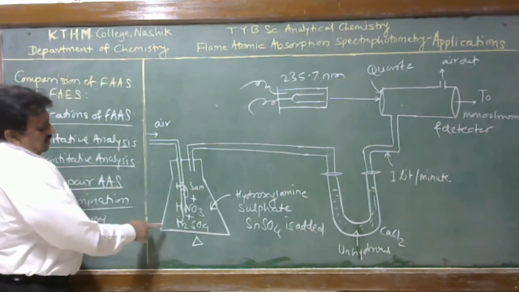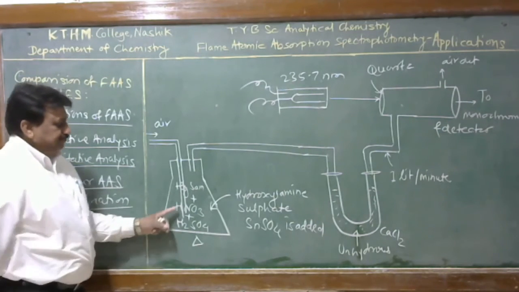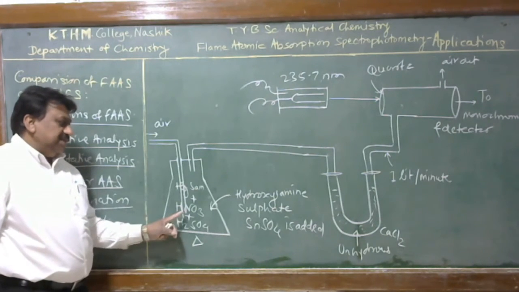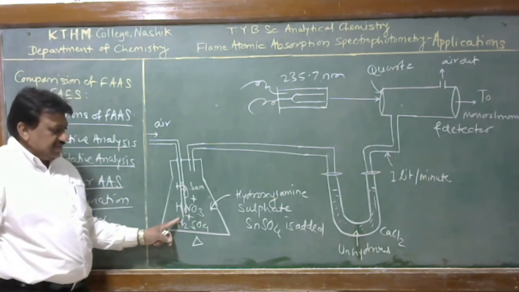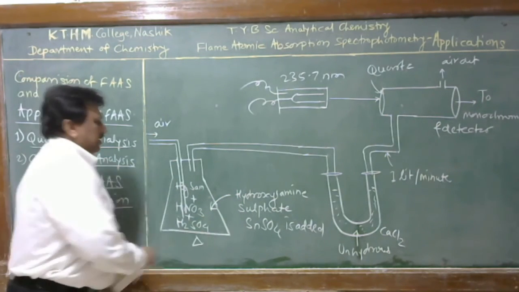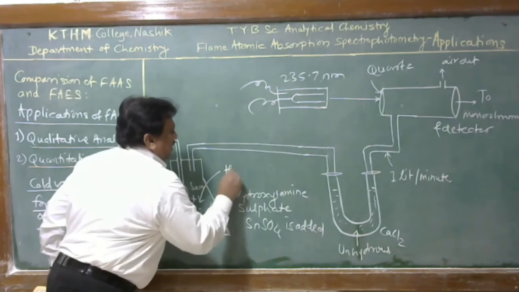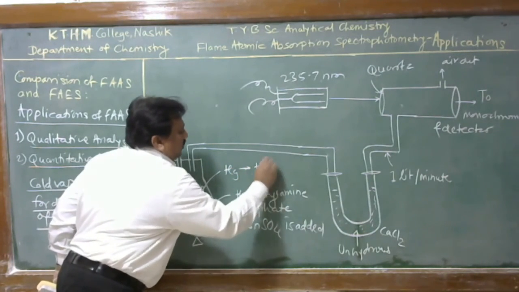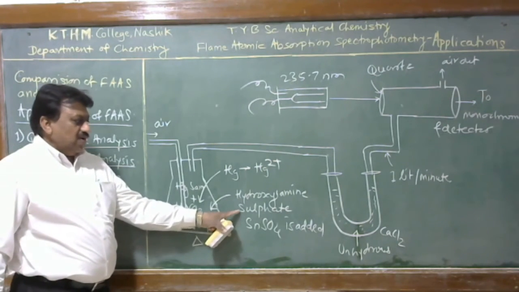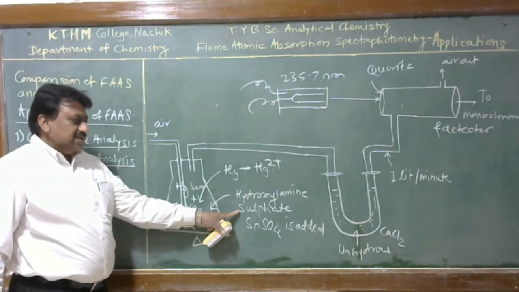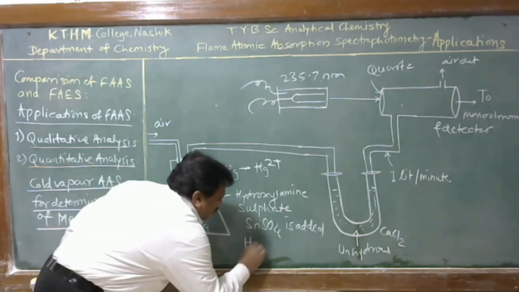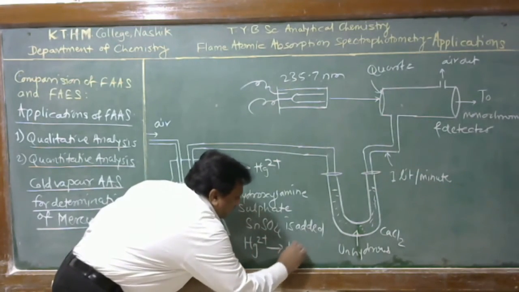In this case, the mercury containing sample is taken into a flask. Initially the sample is digested with nitric acid and sulfuric acid. Then in the same mixture hydroxylamine is added, so that mercury is converted to mercury 2 plus. Then again hydroxylamine sulfate or hydroxylamine hydrochloride or tin second sulfate is added to reduce this Hg2+ to Hg.